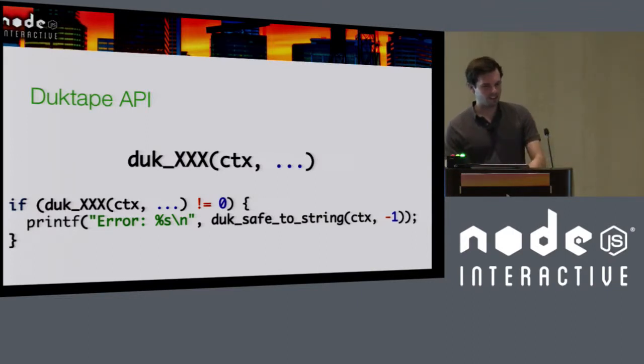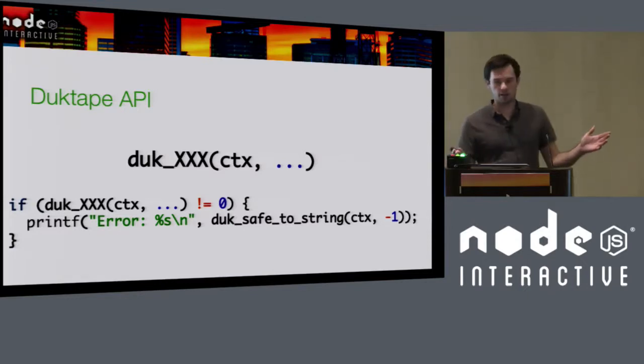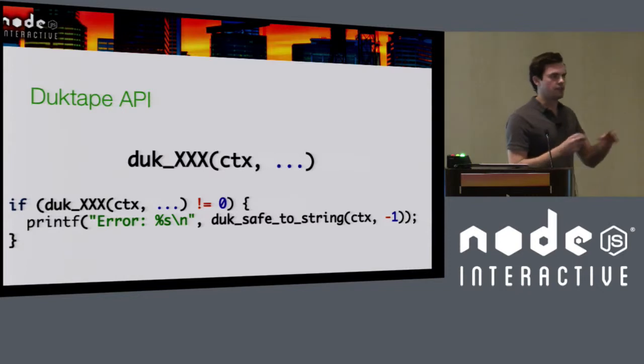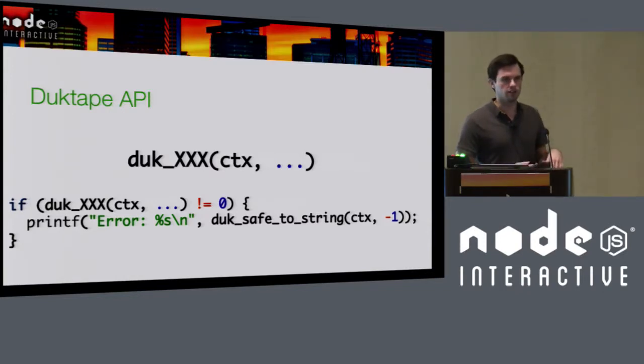So all of these functions return a non-zero value if something bad happened. And then you can safely print out a string to tell you what that was. There are also P versions of functions. You'll see that there's like eval and p-eval, and the P ones try to parse the code first to see if it works rather than just running it, which can crash your program if it's badly formed.